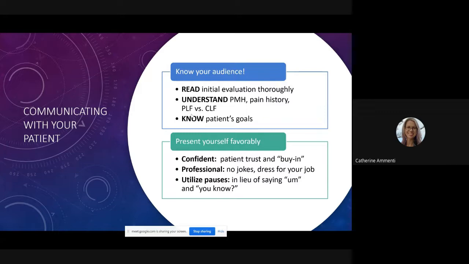If you're coming back at them with a lot of ums and likes, they're going to lose their confidence in you. It's hard to focus on the information you're providing.